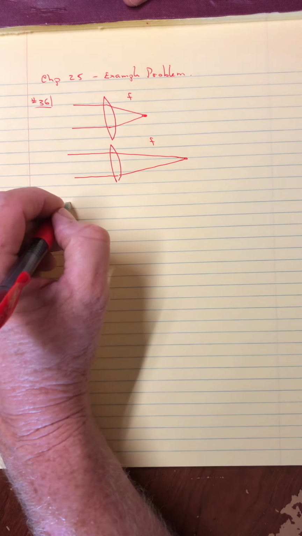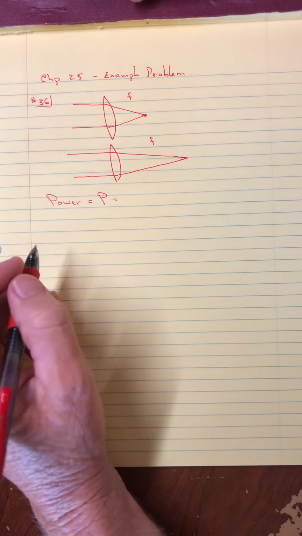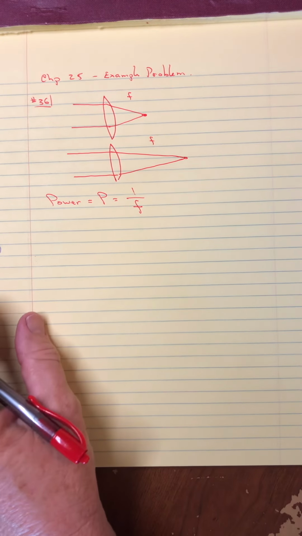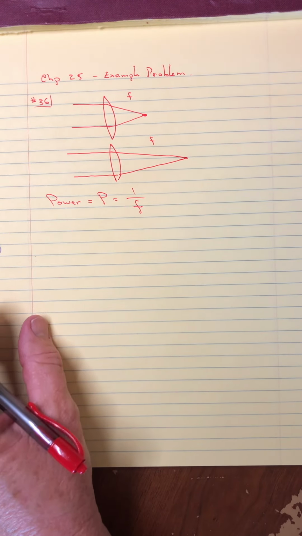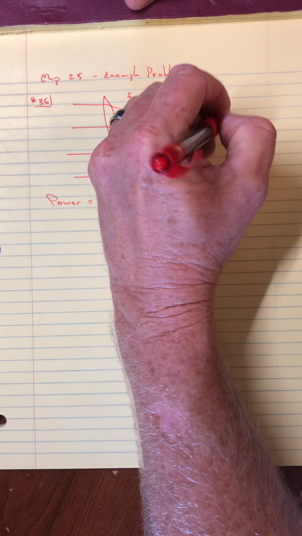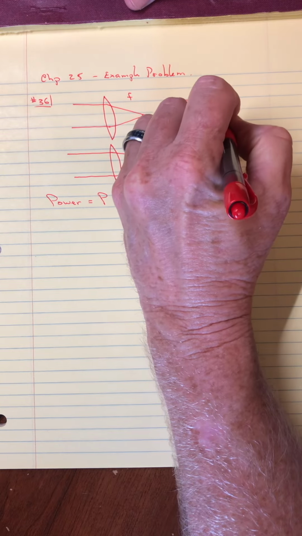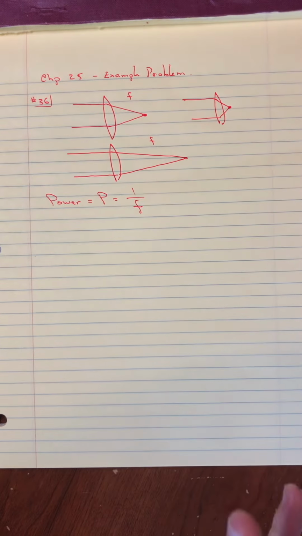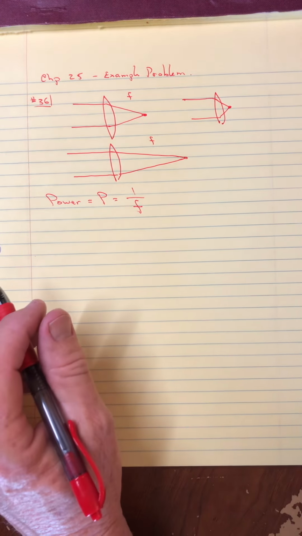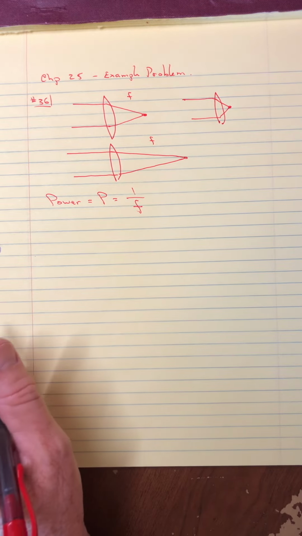And so I would describe the strength or the power of the lens as the reciprocal of the focal length. So a short focal length, something that makes the light converge in a short distance, is really powerful. So a small number down here makes a powerful lens. So we like to call the power of it the reciprocal.